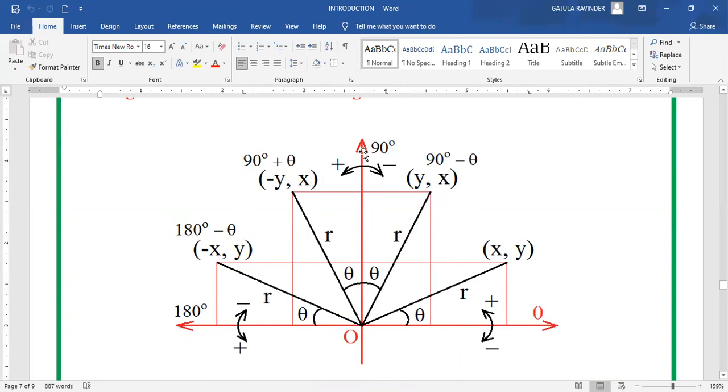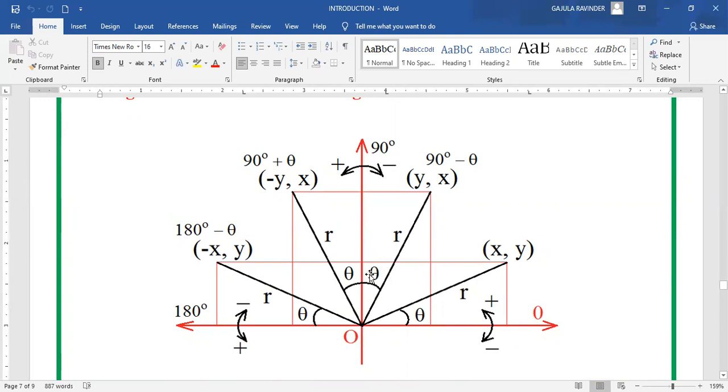Because this is the angle 90 degrees, taking theta in clockwise direction will be added by minus theta. This is the direction of minus. Angle in clockwise direction will be taken by minus sign, whereas angle in counterclockwise direction will be taken by plus. That means addition in counterclockwise direction will be taken by plus, whereas addition in clockwise direction will be taken by minus.